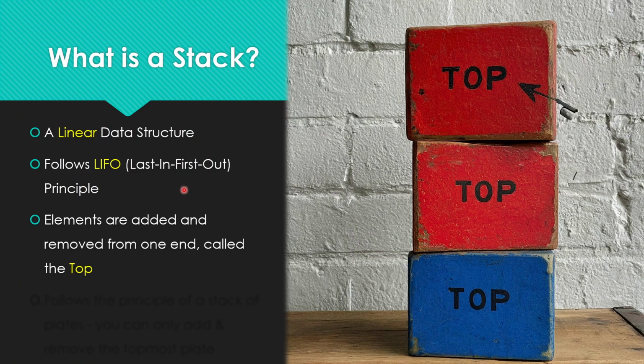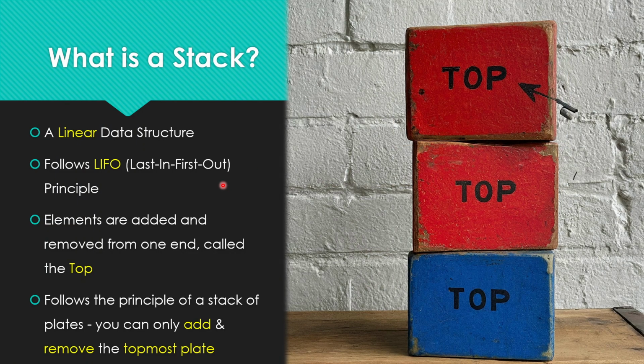Then we also add and remove elements from the top. So we cannot remove anything that is not on the top. We cannot, for example, remove this or remove this before we remove what is on the top. And finally, just like the stack of plates we saw in the previous pictures, we always remove and add things from the top.